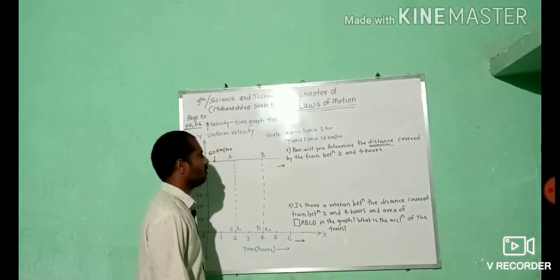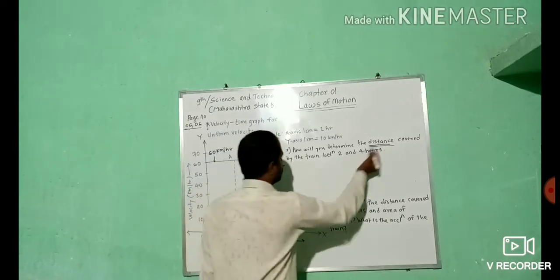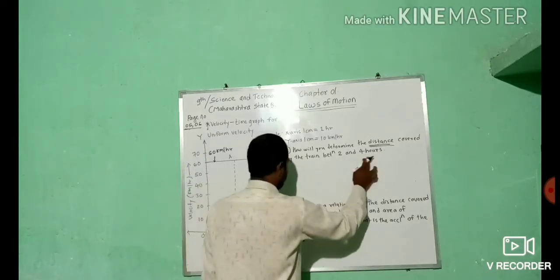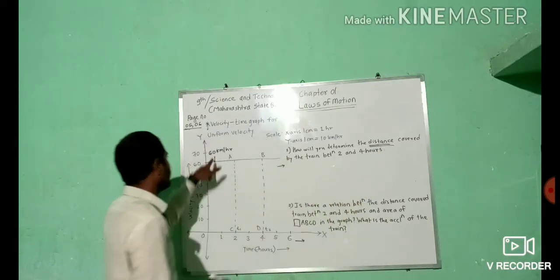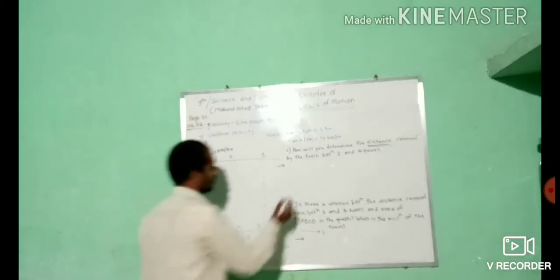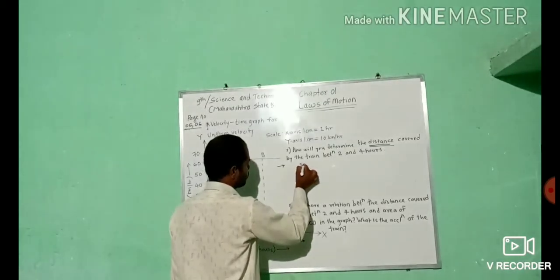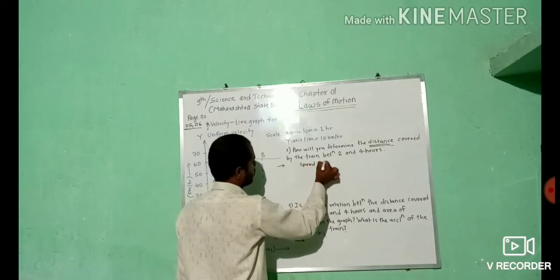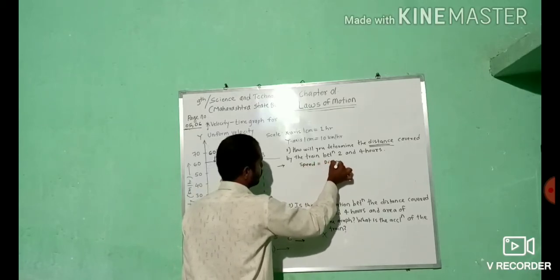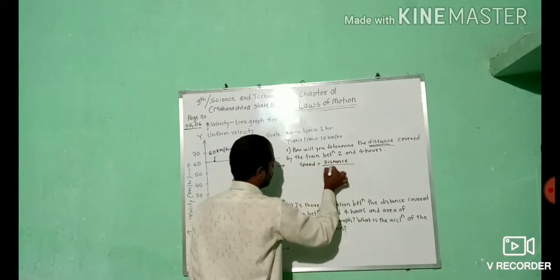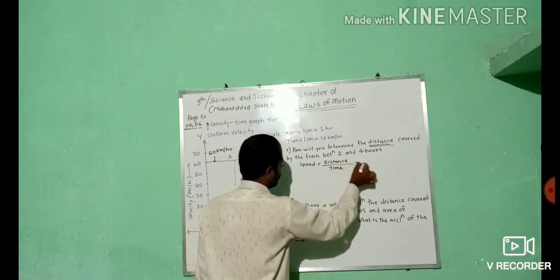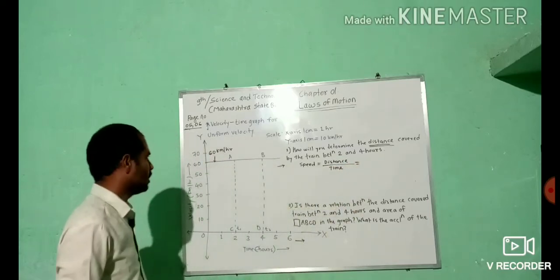So how do you find out the distance if you have the time period and if you have the velocity? You have the formula: speed is nothing but the distance per unit time. So what is the distance here?